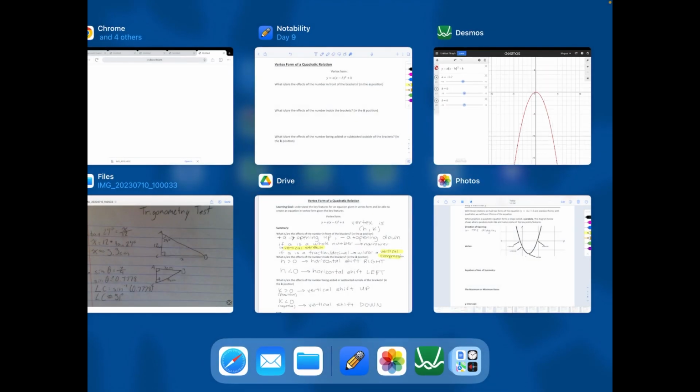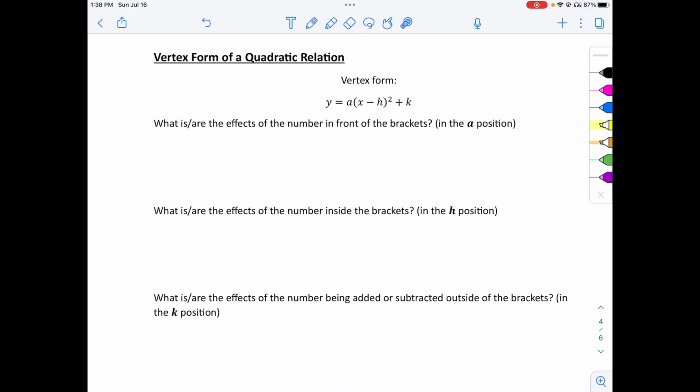Okay, so you would have played around with that a little bit more in your investigation, but we can say two things about what the number in front of the brackets, the a value, is doing.